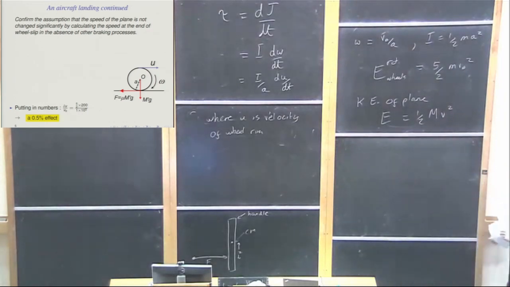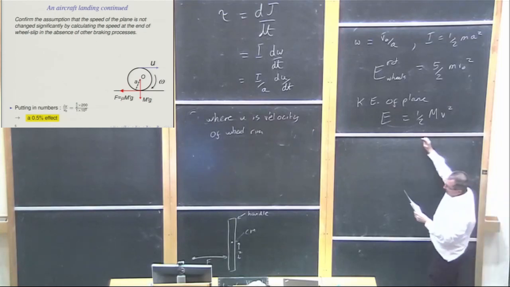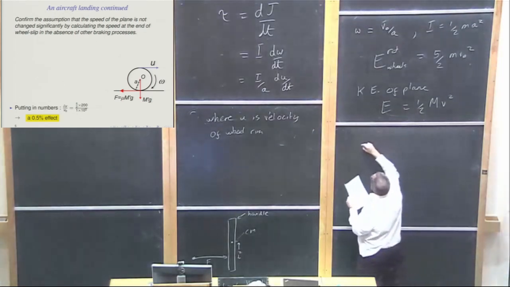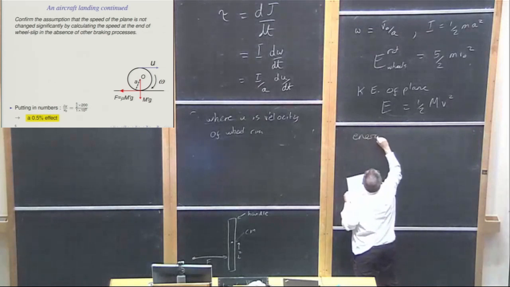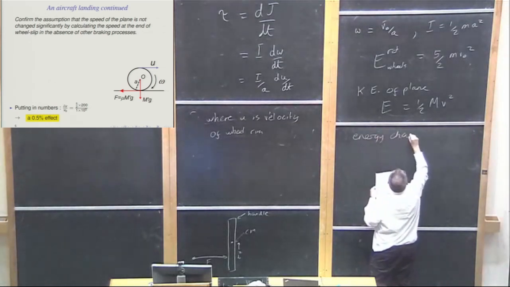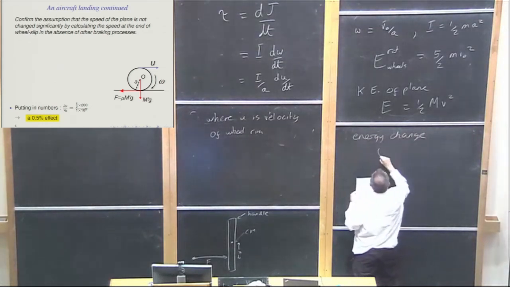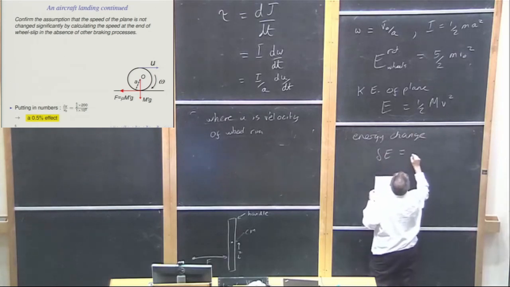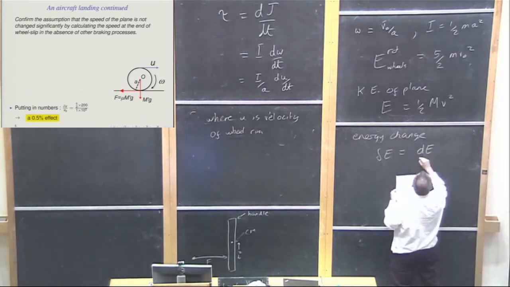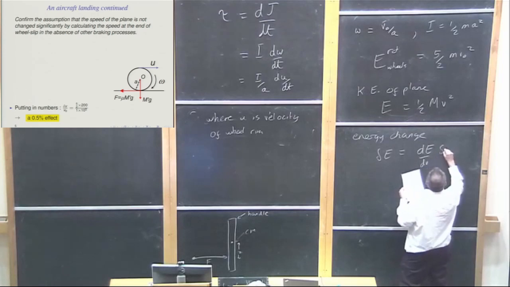And if we assume that the plane, as it lands, loses a little bit of energy, the energy loss, or energy change, but it will be a loss, we can write as delta E equals dE by dV delta V, okay?